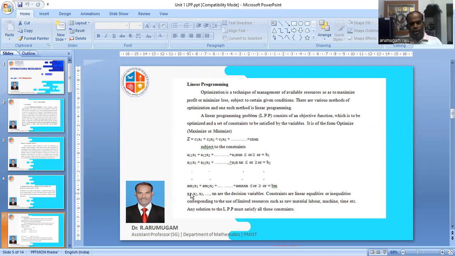Up to the mth constraint, that means am1x1 plus am2x2 plus etc. plus amnxn, less than or equal to or greater than or equal to some bm. So this is the general form of the LPP.